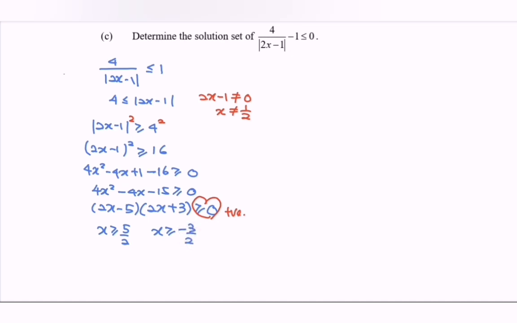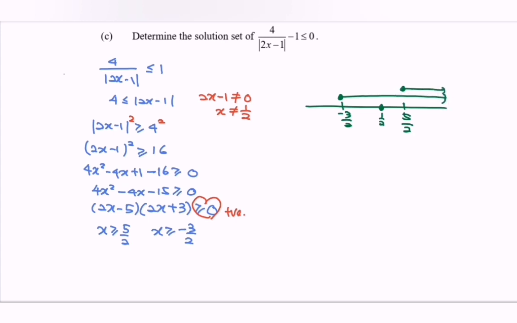Kindly illustrate the situation in a real number line. And we have the negative 3 over 2, the 5 over 2, then remember the location of 1 over 2. Next, represent the situation. We have closed circle towards the right, then closed circle towards the right.